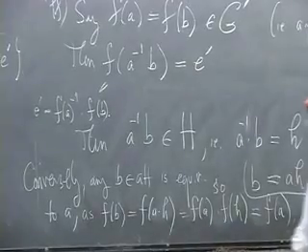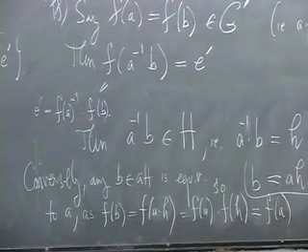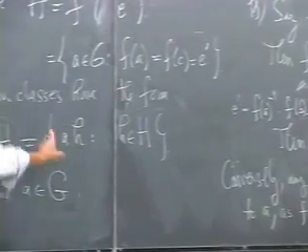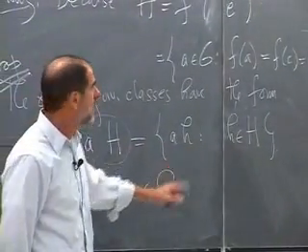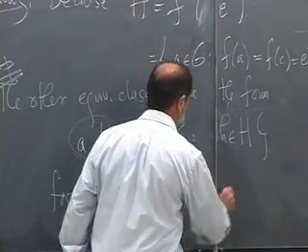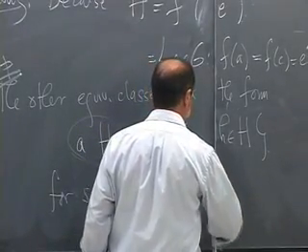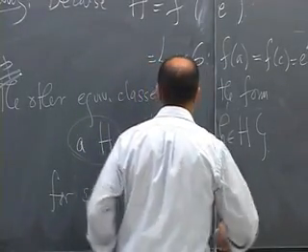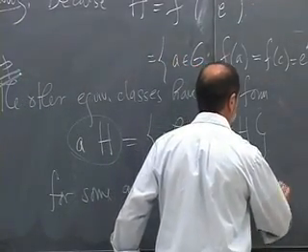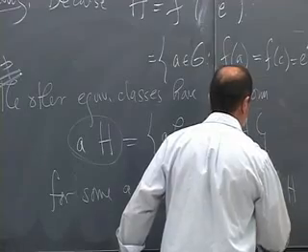So the things equivalent to a are exactly the things in this subset of G. This is called, big term here, a coset of H in G. More precisely, it's called a left coset, because I've multiplied on the left by a. A left coset of H in G.